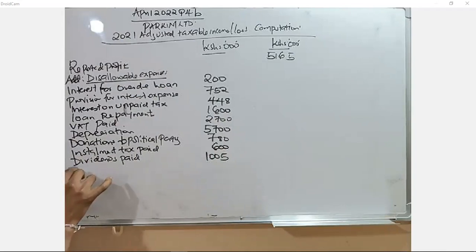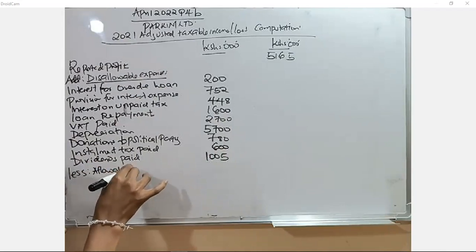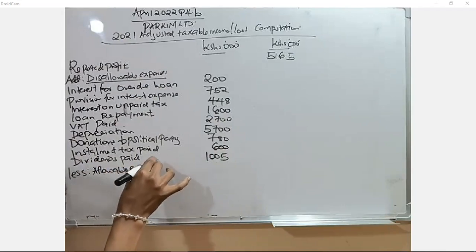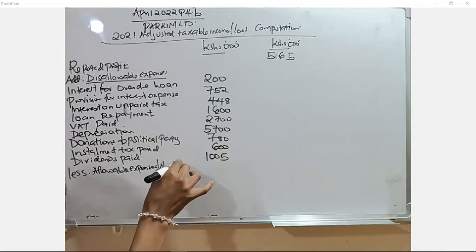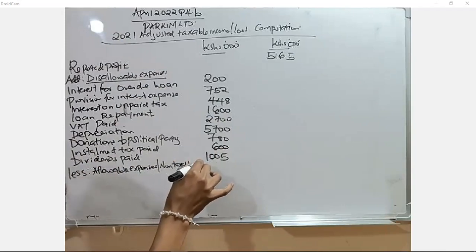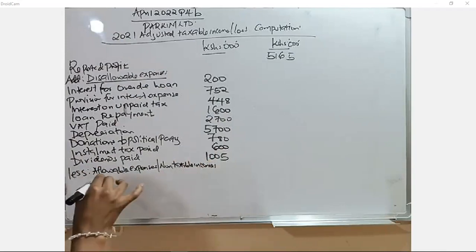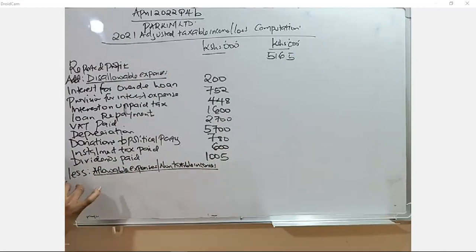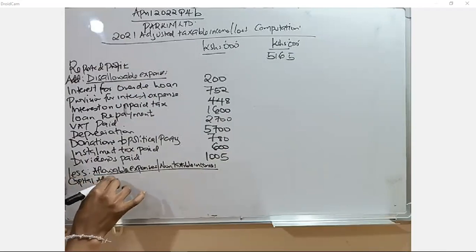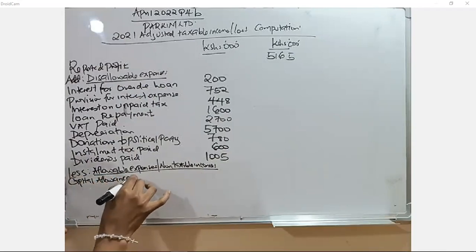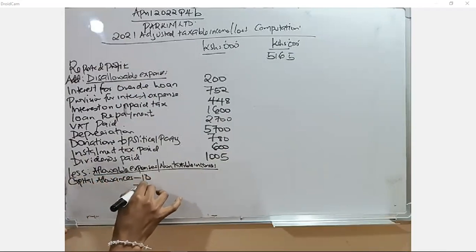So let us subtract. Let us less allowable expenses and non-taxable incomes. And we can start with the capital allowances of ours. So we start with IBD, ID and WTA.